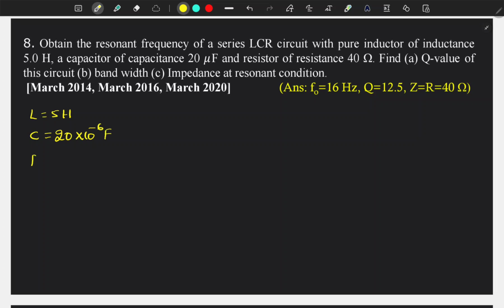And a resistance of resistor of resistance 40 ohm. We need to find out quality factor. Q is equal to how much? Q factor. And bandwidth, I will write it as BW question mark. And impedance at the resonance condition is how much?